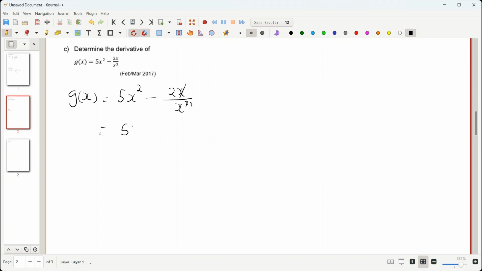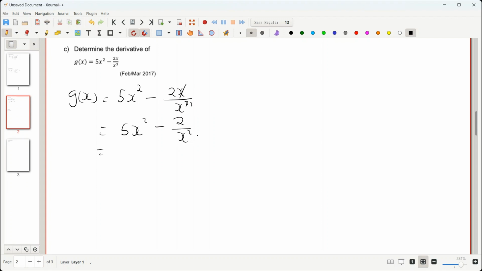Now you'll have 5x squared minus 2 divided by x squared. You don't want fractions, you want to have only numerators, not a denominator here.